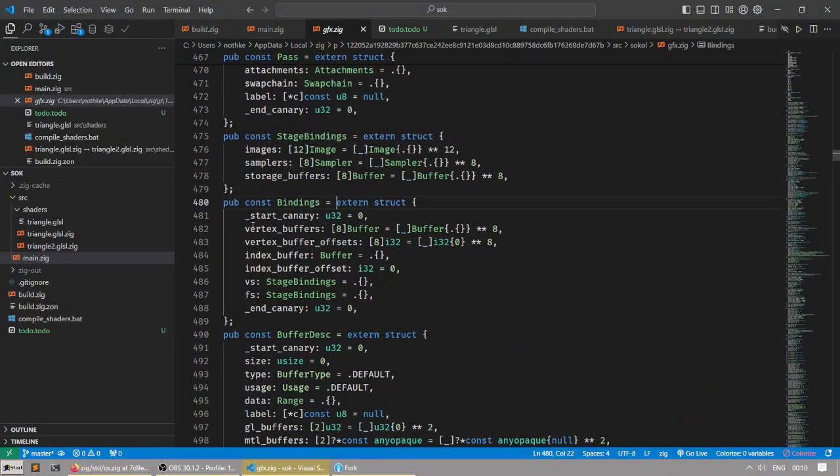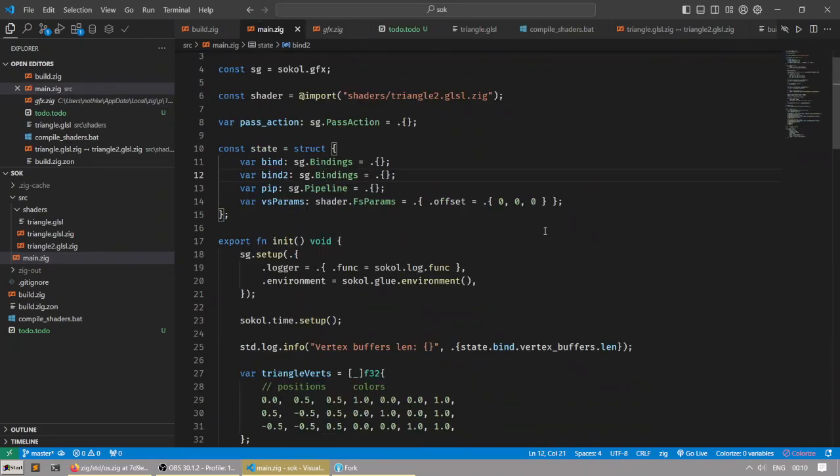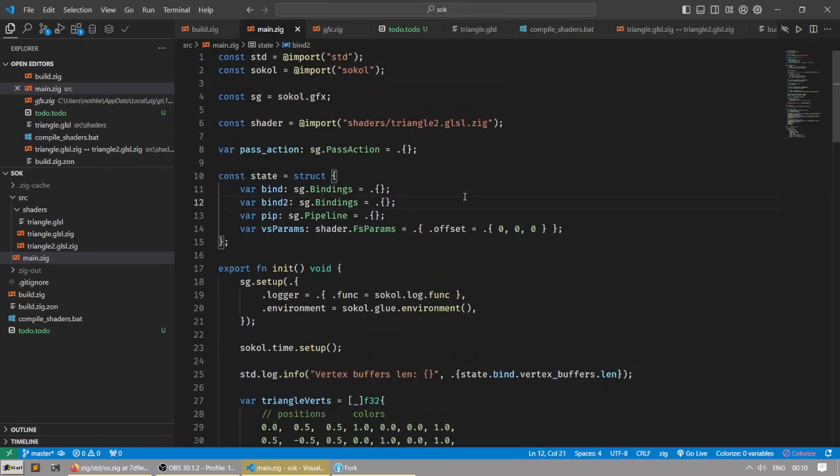The interesting thing is that the vertex buffers have a size of 8, which is strangely hard-coded. I'm not exactly sure why. If this is some kind of hardware limitation, but I doubt it. I think Sokol just decided to do it with 8 bindings.